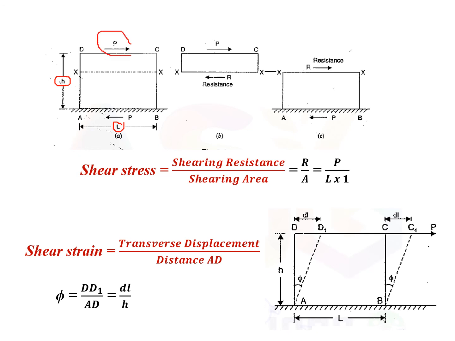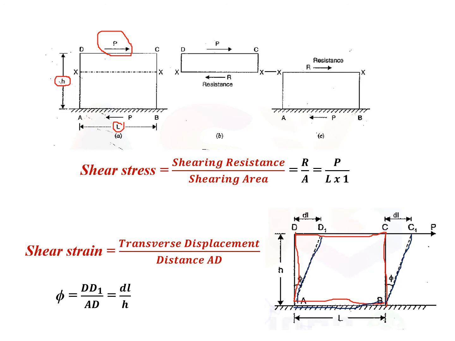The bottom surface is fixed, and at the top surface DC, a force P tangential to the surface is acting. Here ABCD represents the initial shape of the body, and as I mentioned, its bottom is fixed. Since the force P is applied at the top, the dotted lines A, B, C1, D1 represent the distorted shape of the body.